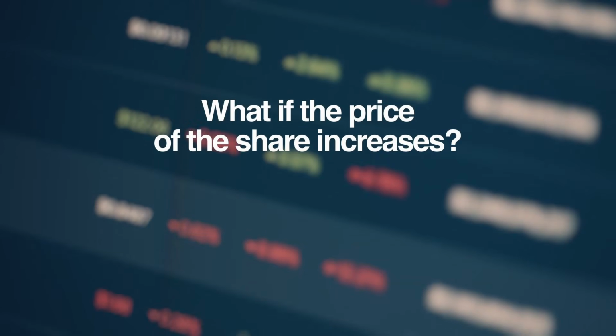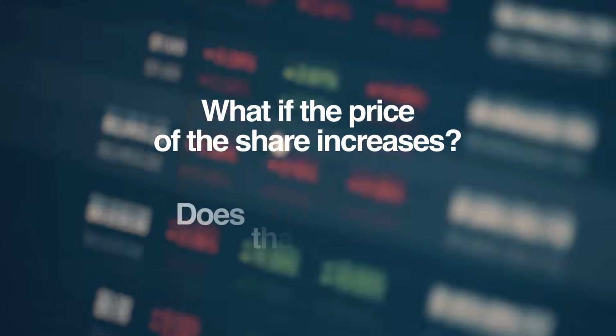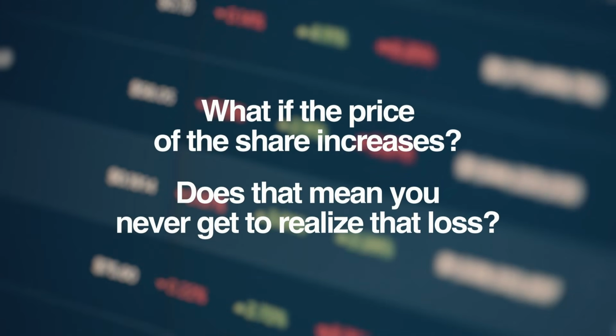Okay, now, you might be thinking, well, what if the price of the share increases? Does that mean you never get to realize that loss? Not quite. Since you're increasing the basis of the share that you purchased by the amount of the loss you were not allowed to take, you're effectively getting that loss back.